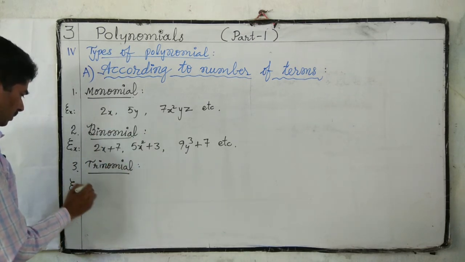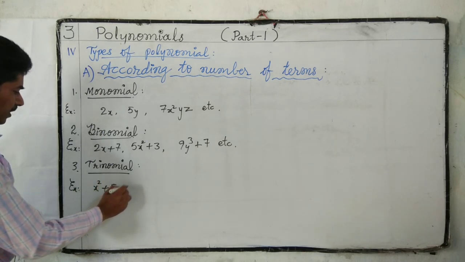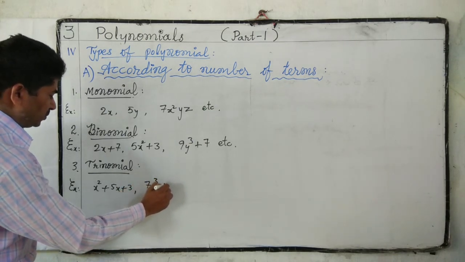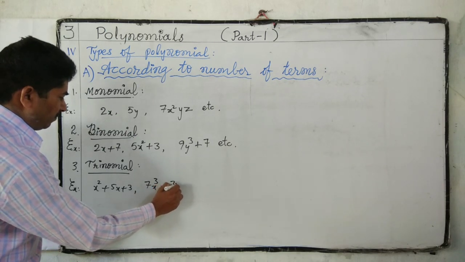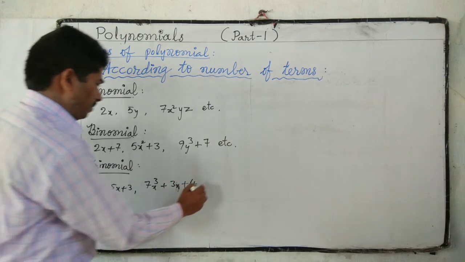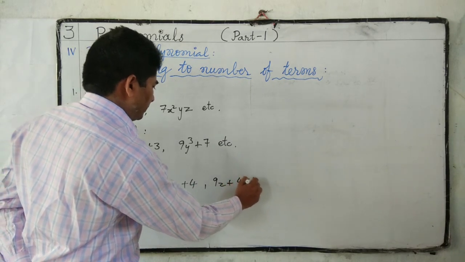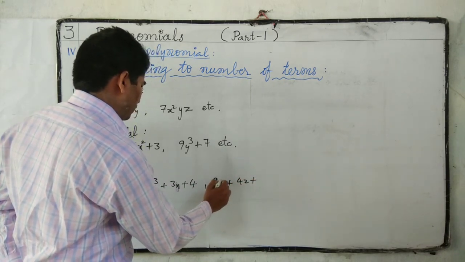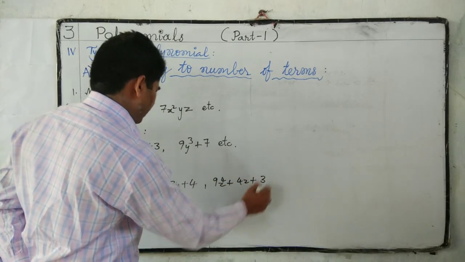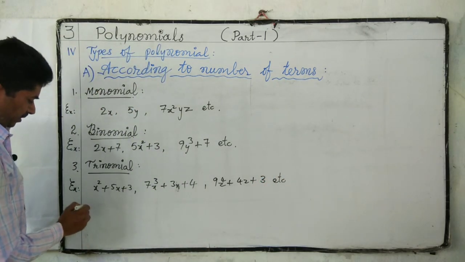Example, x square plus 5x plus 3, 7x cube plus 3x plus 4, 9z to the power of 4 plus 4z plus 3, etc. These all are trinomials.